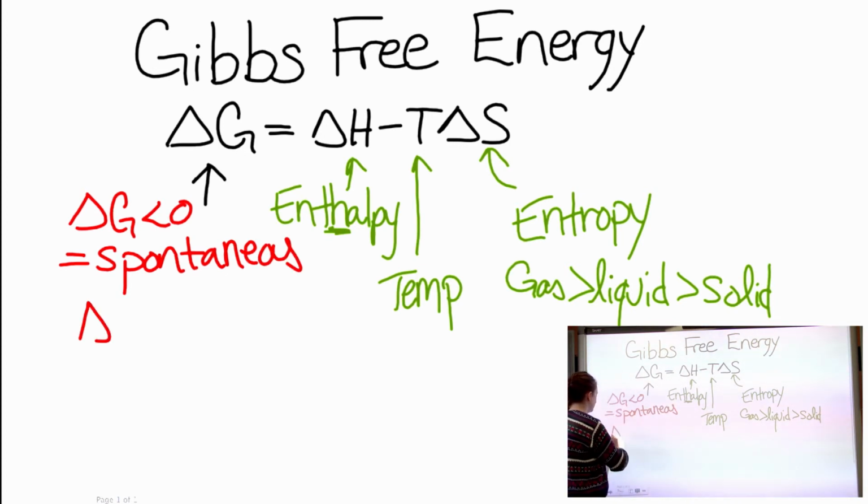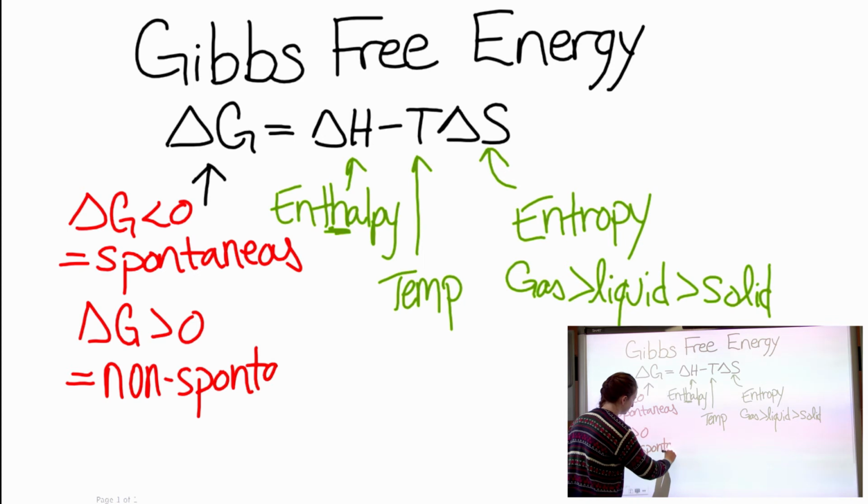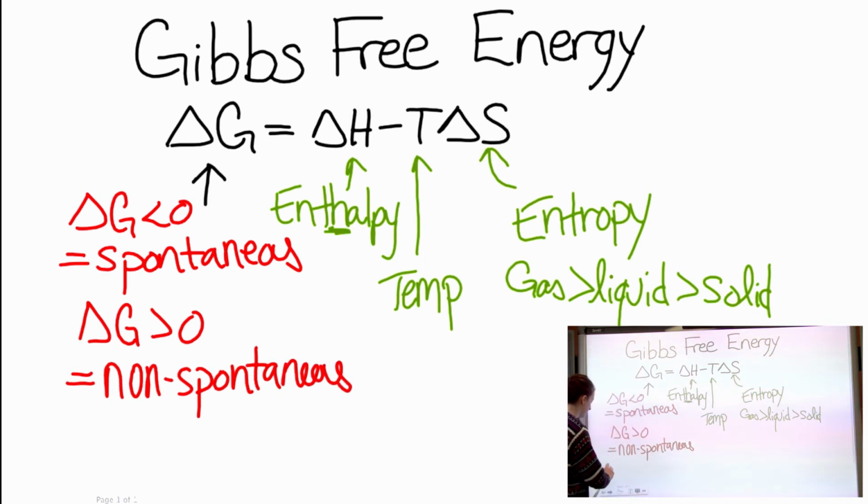And if delta G is greater than 0, then your reaction is non-spontaneous. And you'll never really encounter an example where delta G equals 0 because something is either non-spontaneous or spontaneous, so it's kind of impossible for anything to be in between.